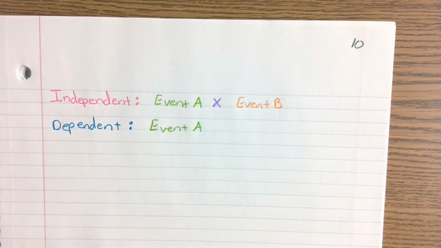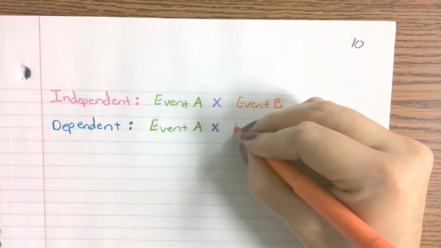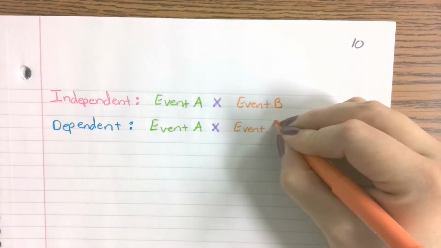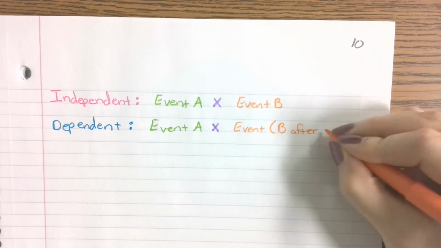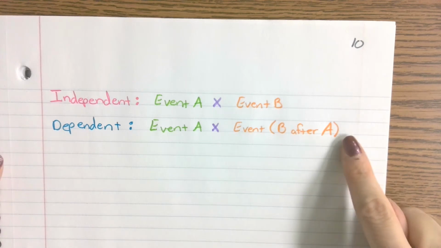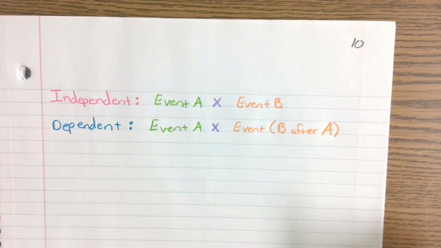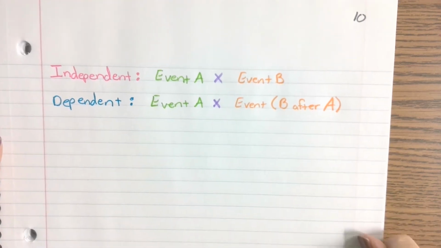Event A happens, and then you multiply it by what we call event B after A. So you have to remove the outcome of event A before you can start calculating the next probability. Something is being altered or changed.